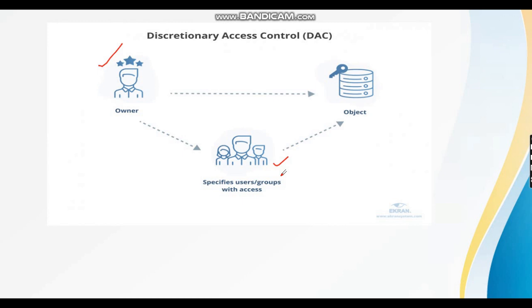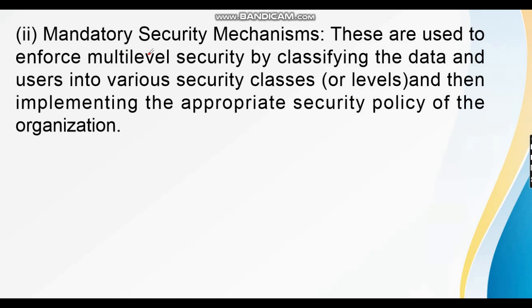Next, now mandatory security mechanisms. These are used to enforce multi-level security by classifying the data and users into various security classes or levels and then implementing the appropriate security policy of the organization.